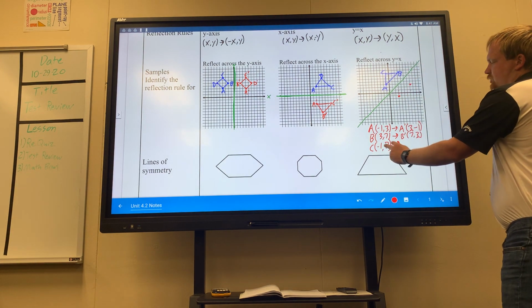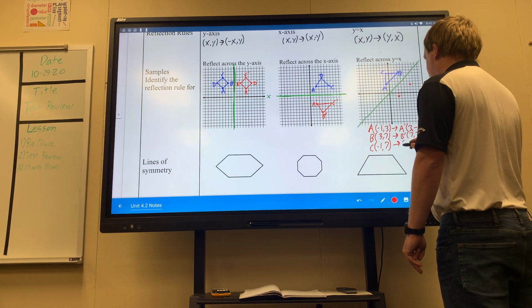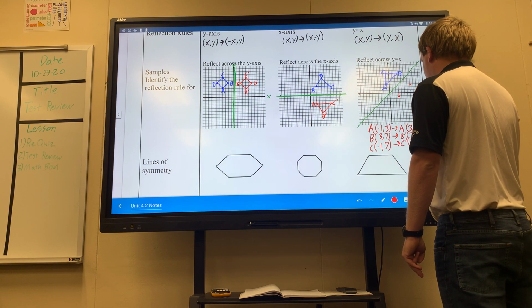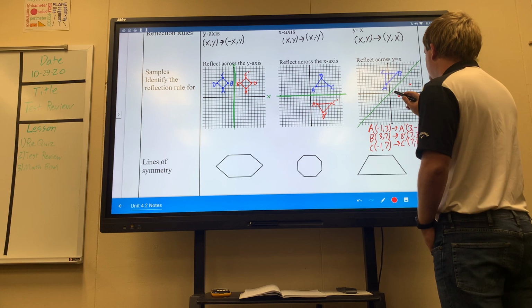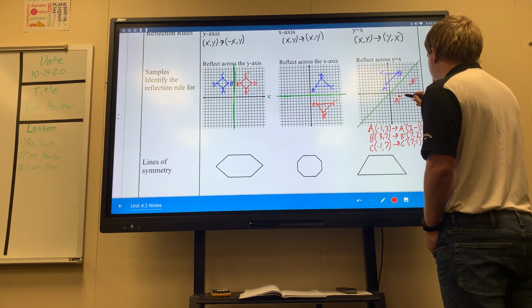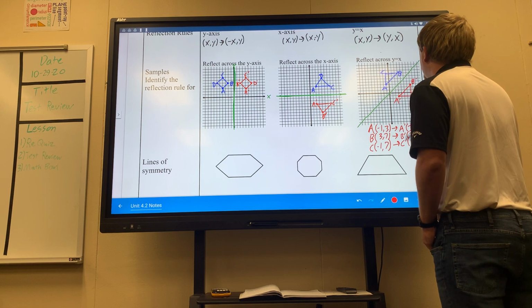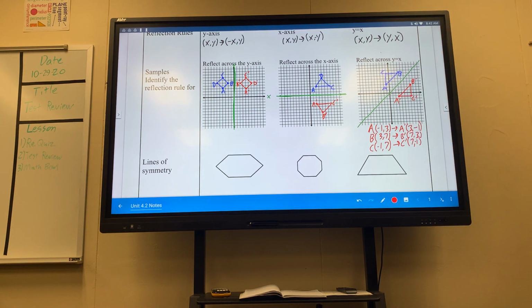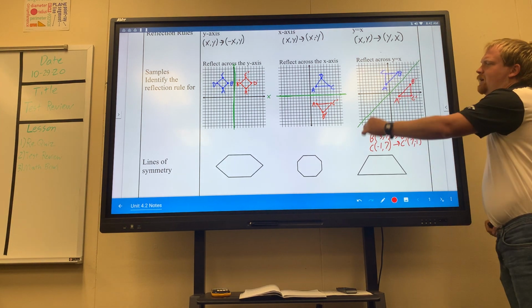Now remember, I switched the two values, so I get 7, -1. 1, 2, 3, 4, 5, 6, 7, 1, going down. So then I just draw my figure, and I got a reflection across y equals x.